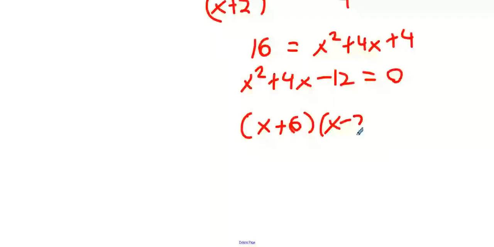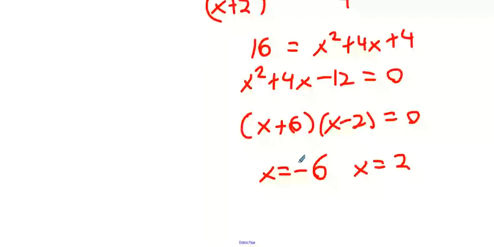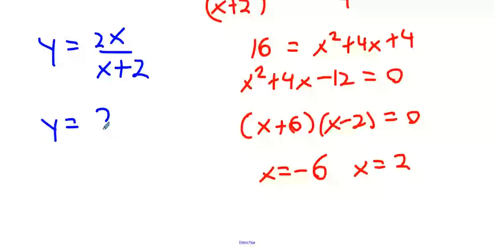There are 2 answers. X equals 2 and x equals minus 6. And now we have to get the y values, don't we? What is it against x over? Yes, that was it. Okay. And we just leave it like this.